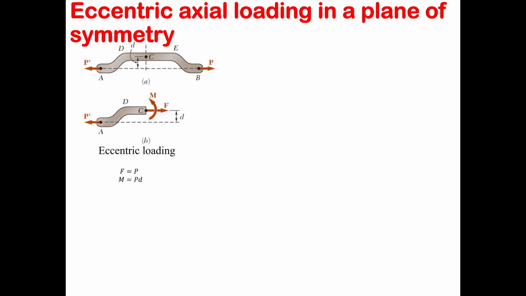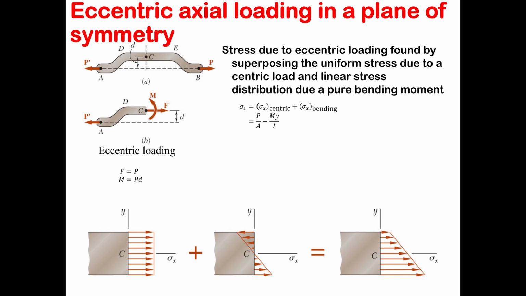Okay. Another type of loading is the eccentric axial loading in a plane of symmetry, right? That's going to cause two types of stresses. The stresses due to eccentric loading can be found by superposing the uniform stress due to the axial load and the linear stress distribution due to the pure bending.